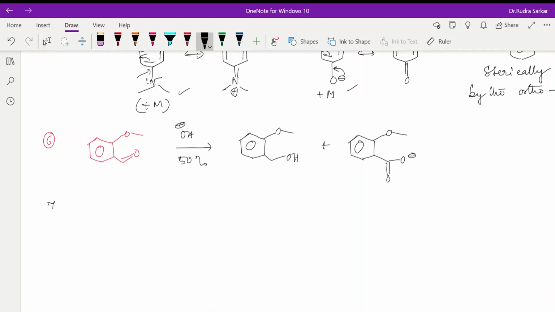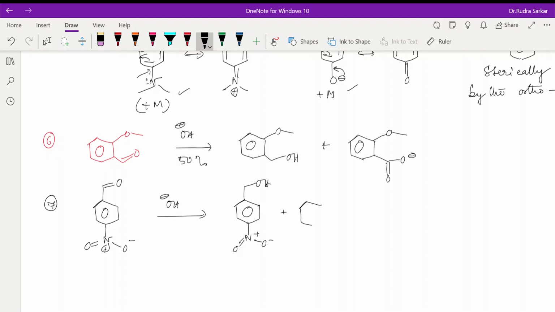Okay. If I have given this, and also my products will be the acid salt, and along with that the reduced product alcohol.